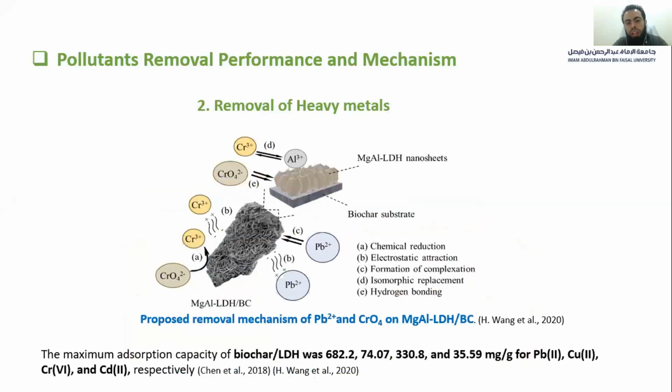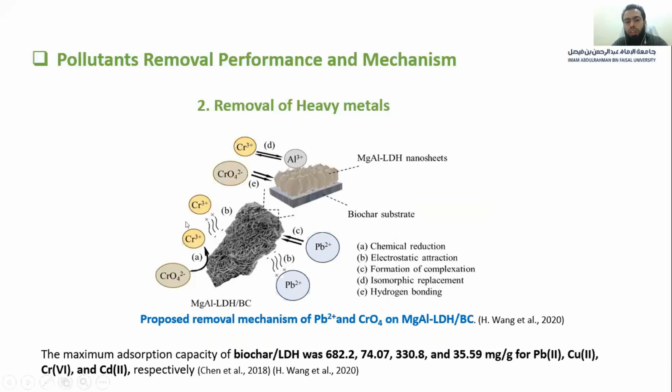For chromium 6, generally the chromium is present in the anionic form. So what happens? Most of the studies have reported that chromium 6 is reduced to chromium 3, and this chromium 3 is then replaced with aluminum, which is present on the surface of biochar.